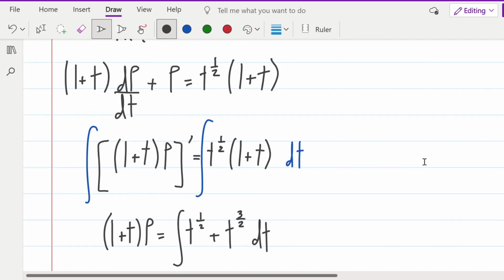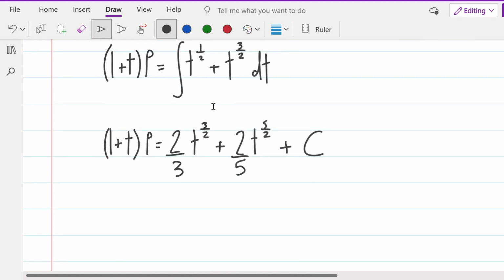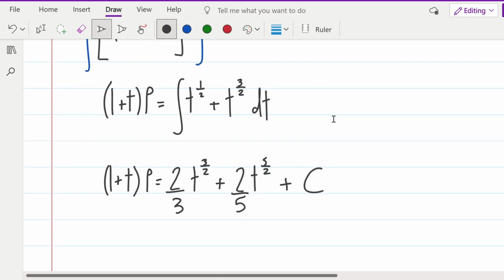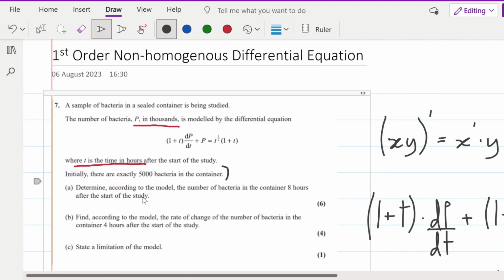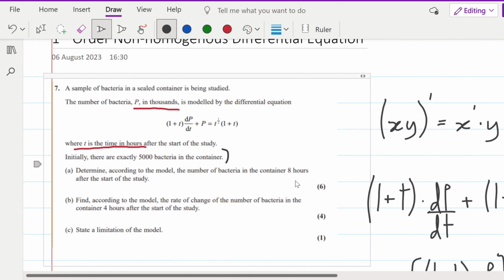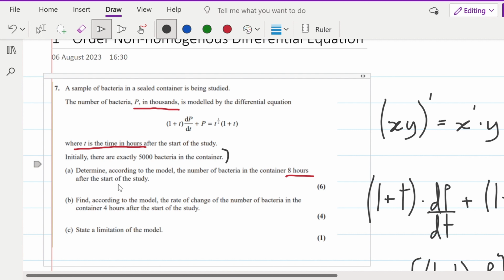Now if we actually look at what the question's asking, you should always do this step, by the way, and then you might go down a few different paths. Sometimes it'll ask you just for the general solution to the differential equation, or sometimes, like in this example, it'll ask you to actually determine the number of bacteria 8 hours after the start. But like I said, if we wanted an actual number, we need to get rid of the plus c. Now how do we do that? Because it tells us initially there are 5,000 bacteria.